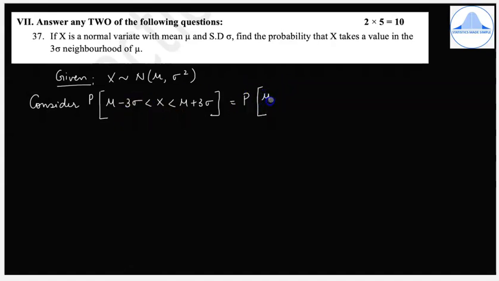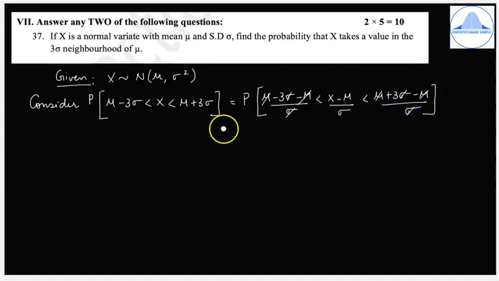So it's probability of mu minus 3 sigma minus mu divided by sigma is less than x minus mu by sigma is less than mu plus 3 sigma minus mu divided by sigma. Mu and minus mu will get cancelled, sigma and sigma will get cancelled. Similarly, here mu and minus mu, sigma and sigma will get cancelled.